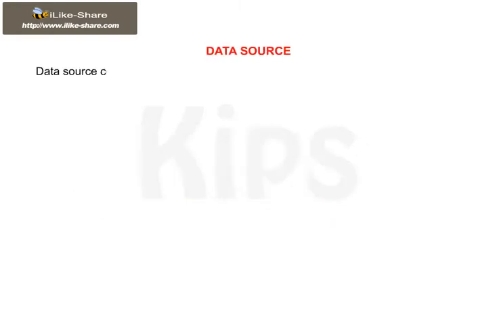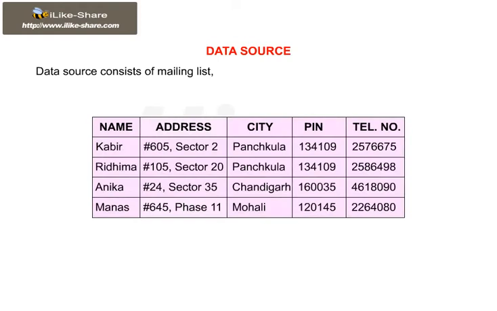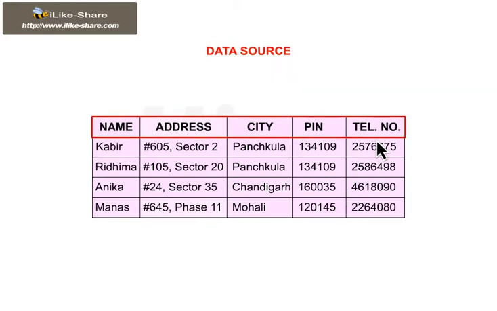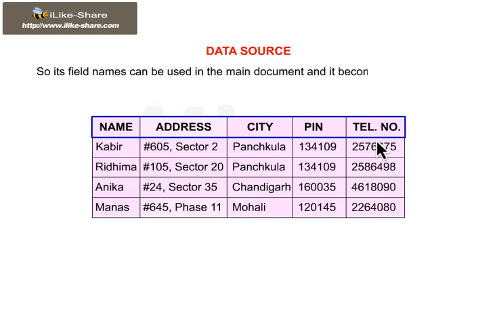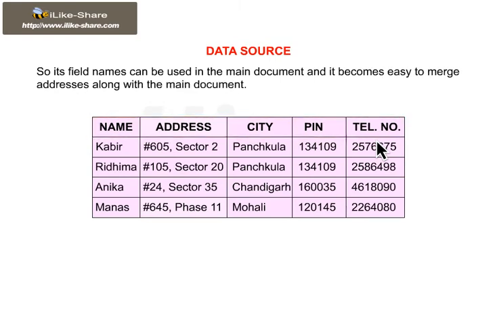Data source consists of mailing list, for example, name, address, city, PIN, telephone number, etc. The data is organized in tabular form along with the field names. The data source is associated with the main document, so its field names can be used in the main document and it becomes easy to merge addresses along with the main document.